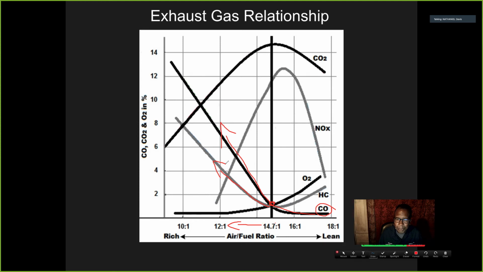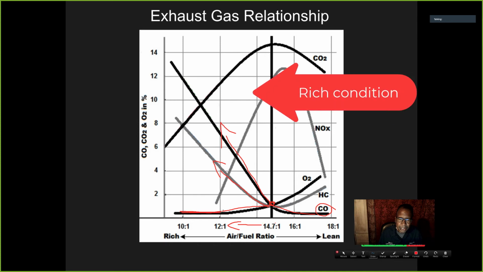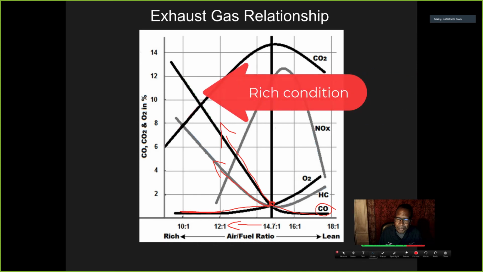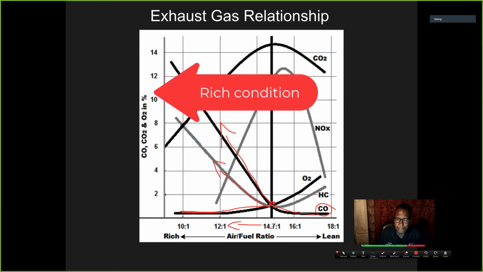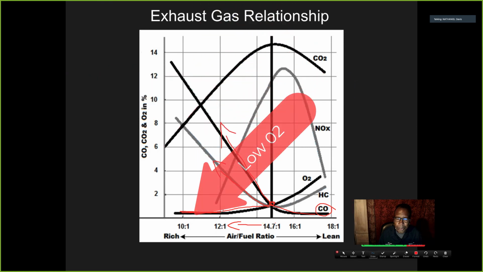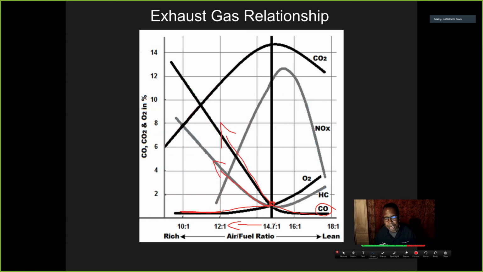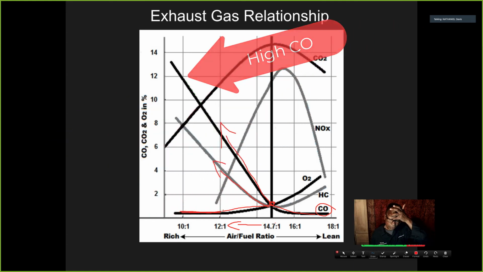And the HC is going to follow right behind the CO. So when the CO starts to elevate to a point, HC is going to start to come right behind it. But in the case of a rich condition, look at the O2. High CO and low O2 is an indication of a rich condition. So high CO, slightly elevated HCs, and low O2 is running rich.